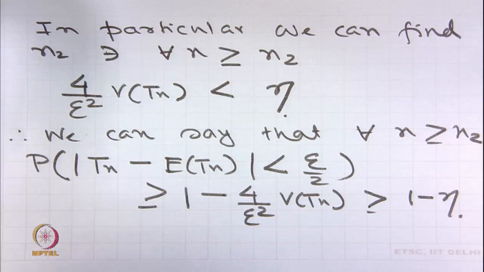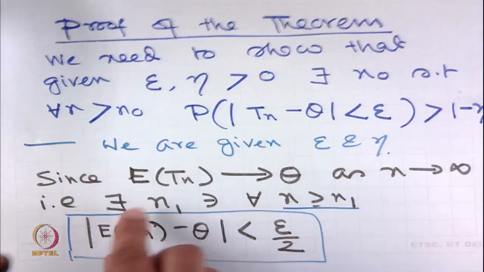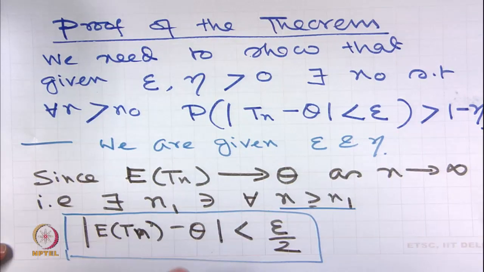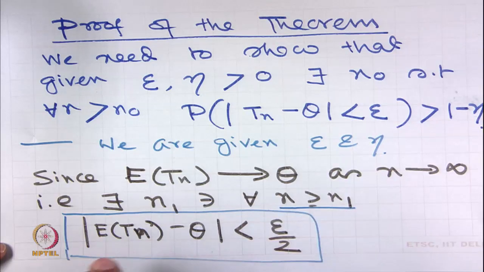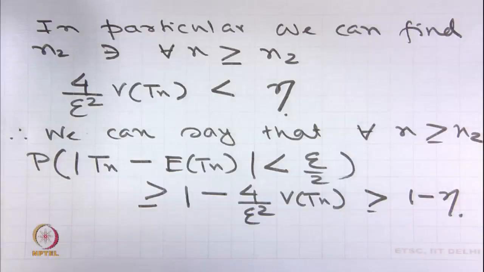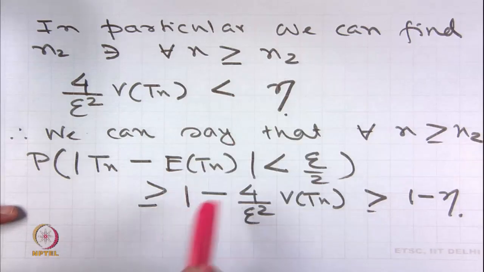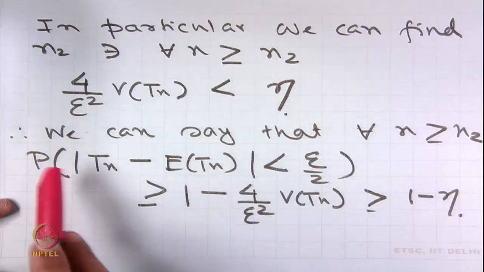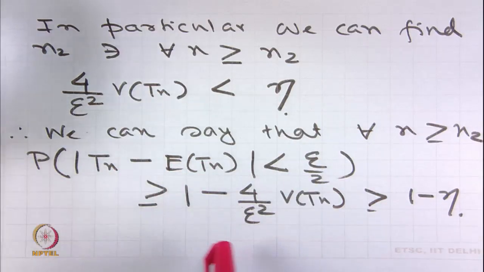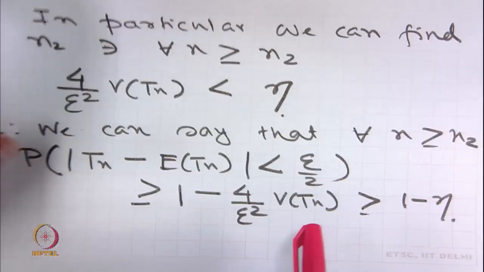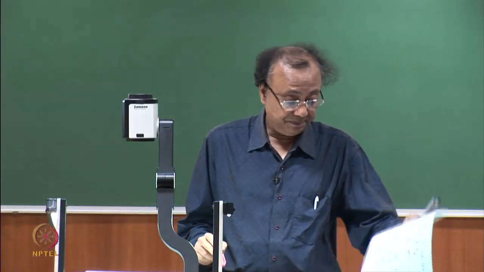Therefore, what we got? So, we have an n1 such that for all n greater than or equal to n1, modulus of expected value of T n minus theta is less than epsilon by 2. There is an n2 such that for all n greater than or equal to n2, probability modulus of T n minus expected value of T n less than epsilon by 2 is greater than 1 minus eta.